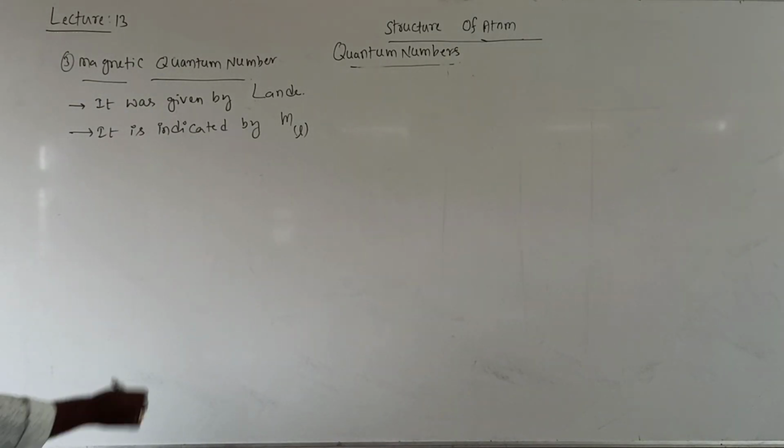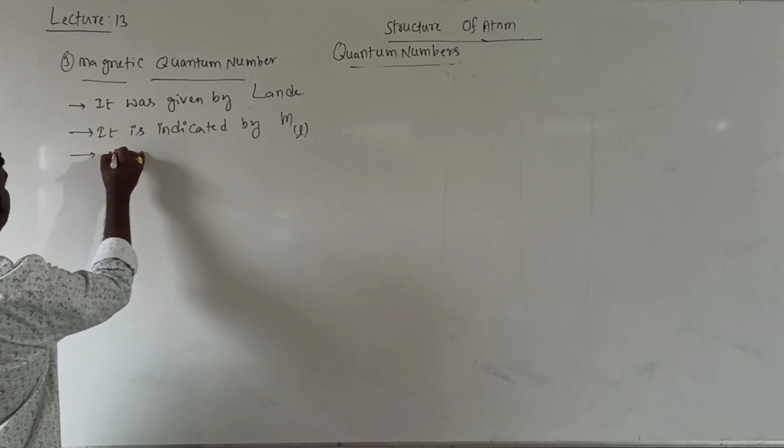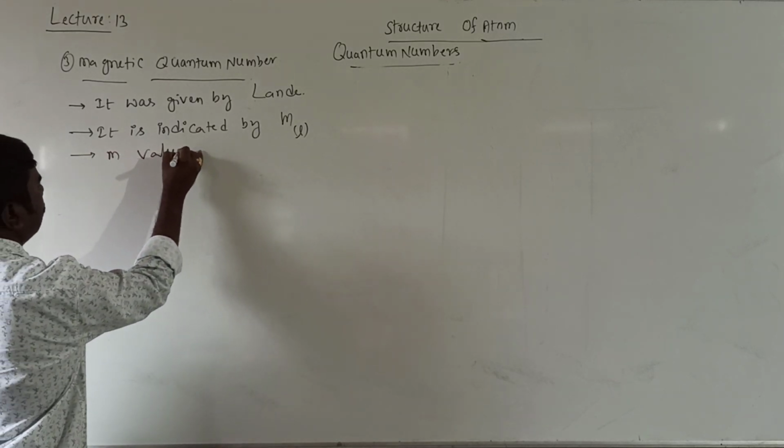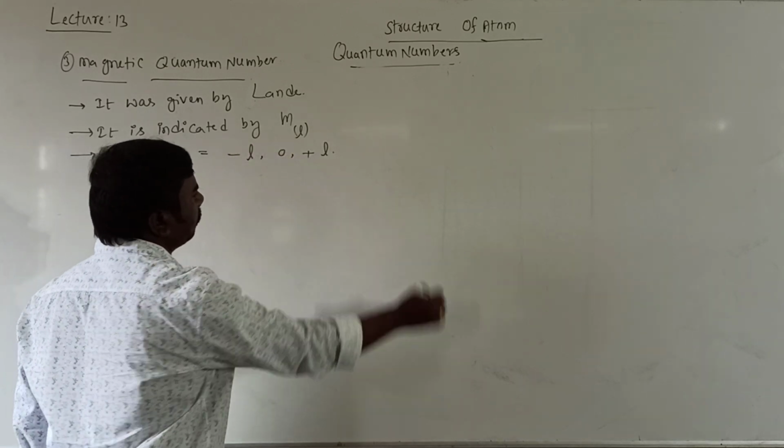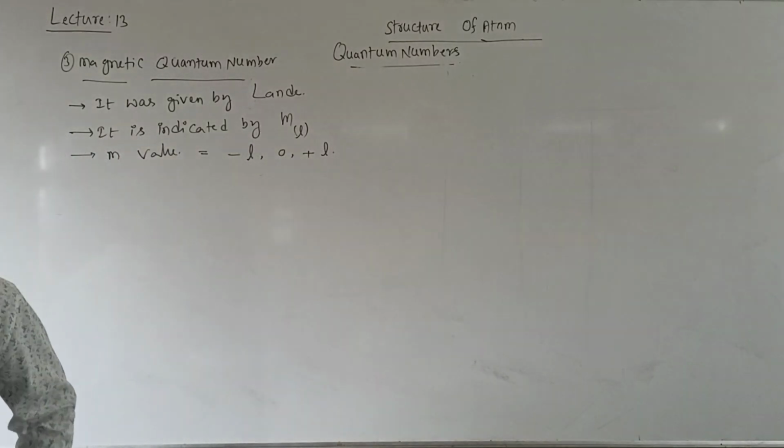M values are special. M values are from minus l to 0 to plus l.